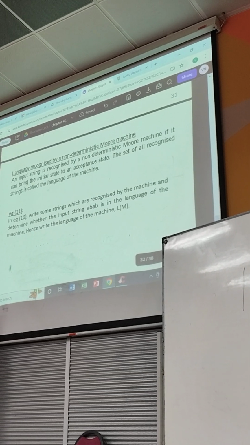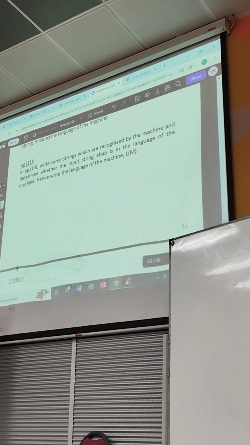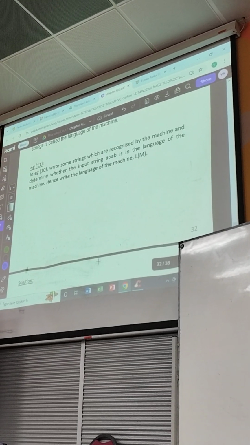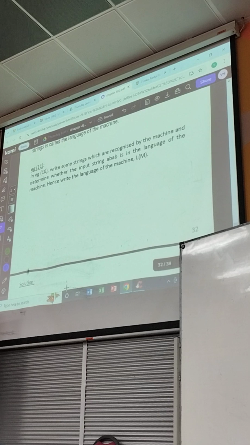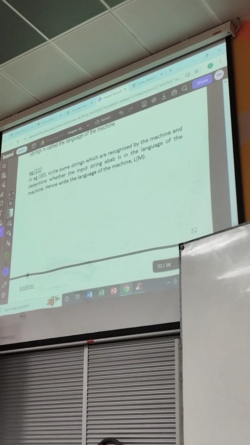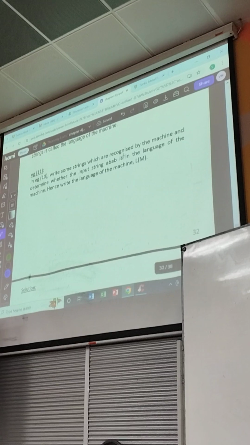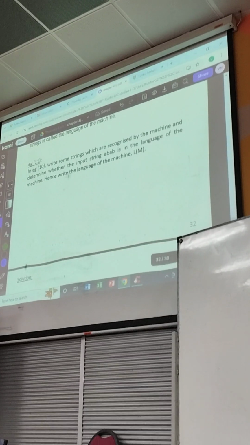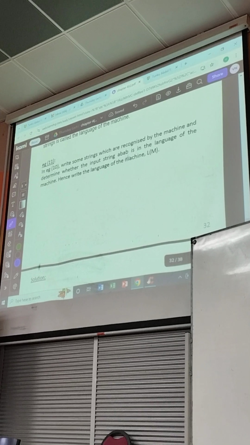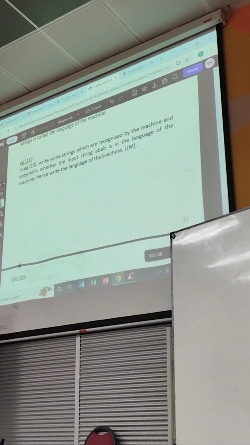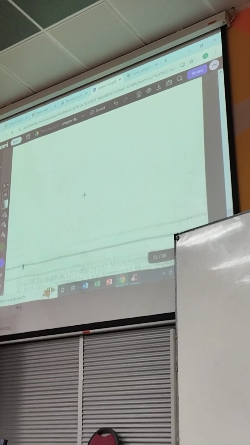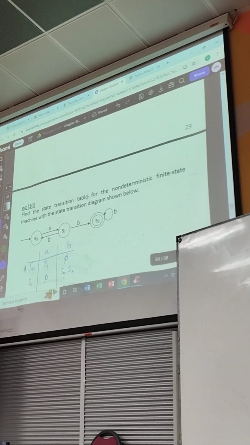So you need to think more how to write the language. Now, refer back to example 10. Write some of the strings which are recognized by the machine and determine whether the input string ABAB is in the language. Example 10 is this one.